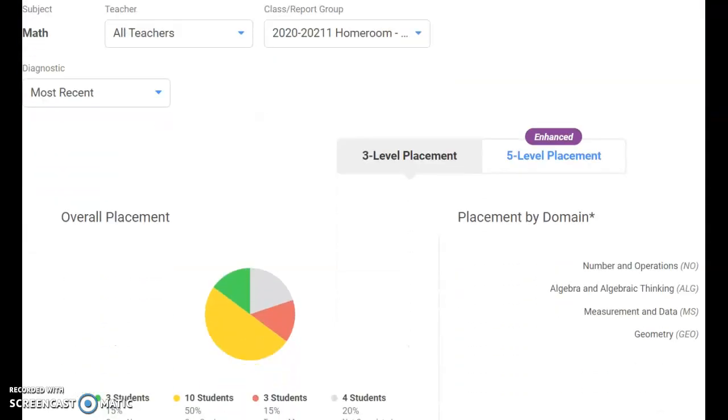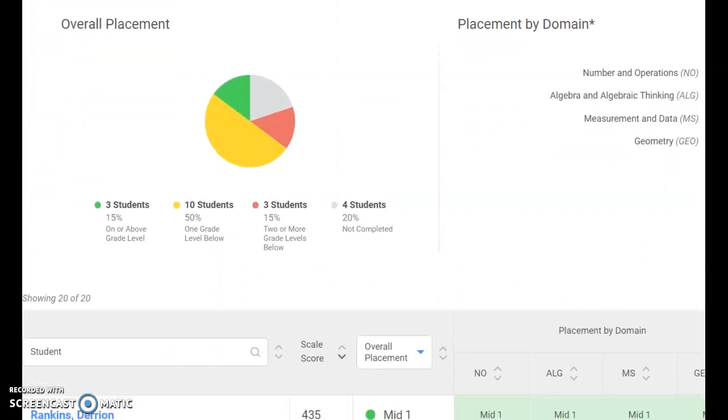So if I look at Miss Howell's class, then she has 4 students who have not completed, 3 students who have completed that are 2 or more grade levels below, 10 students who are 1 grade level below, and 3 students who are on or above grade level.